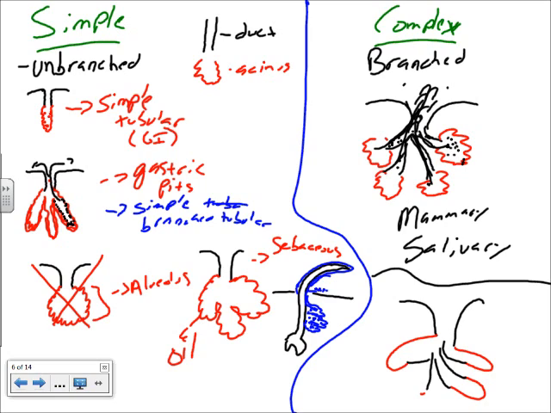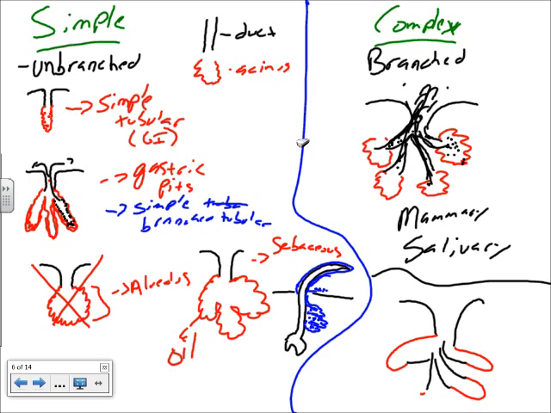And again, these are some of the more complex glands that are found lining the GI tract, especially highly concentrated within the duodenum of the small intestine. So these are how we structurally categorize the exocrine glands of the body.